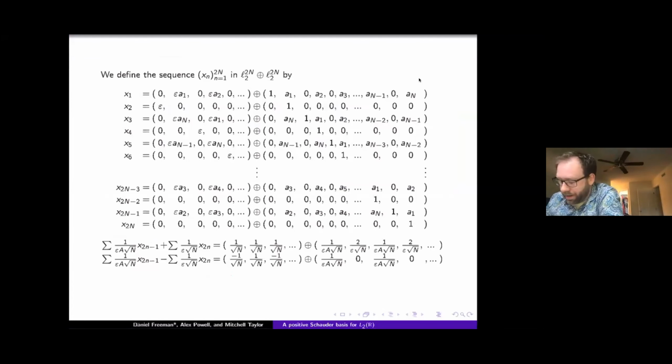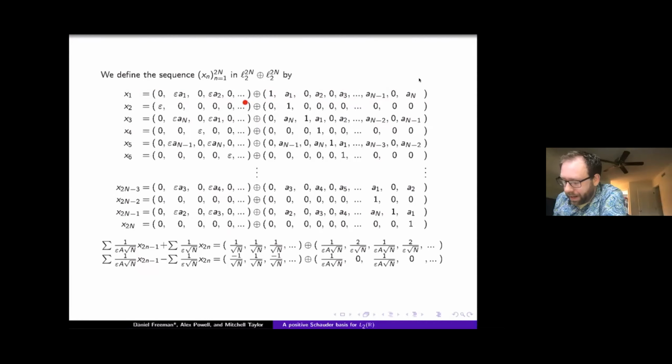And this is what they look like. Just to point out, this is based on a modification of a construction in Albiac-Kalton on how to construct a conditional basis for little l2. We took their construction and modified it in order to do this. So let's think about what's going on here. Let's just look at the vector x1 to start. It's 1 in the first coordinate, and then in all of the even coordinates, it's this aj sequence.